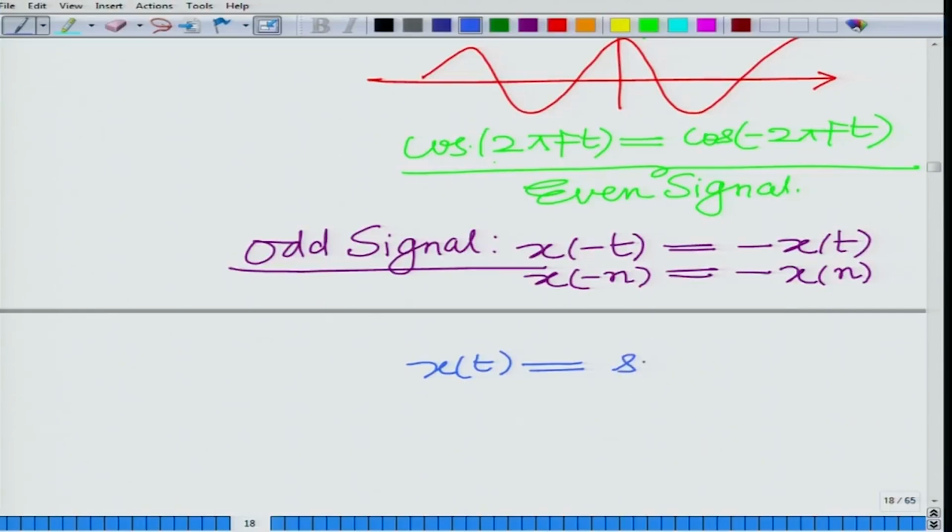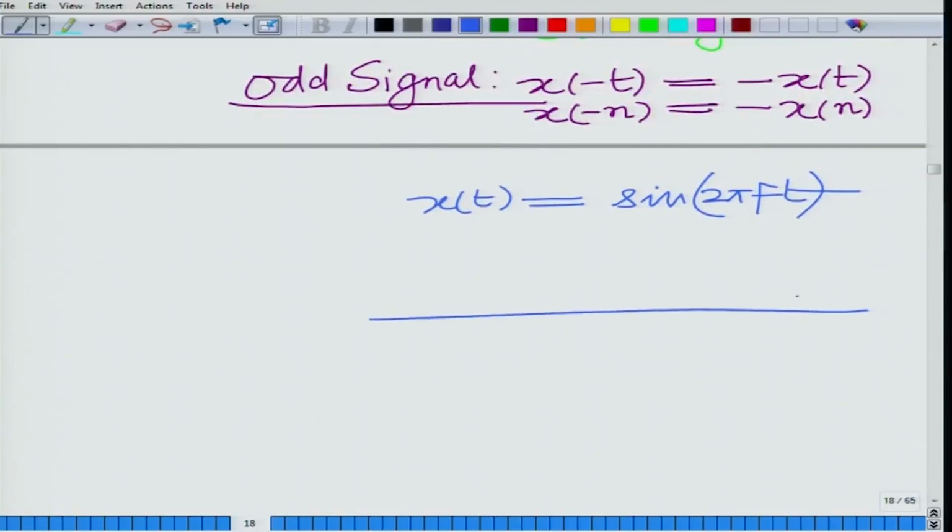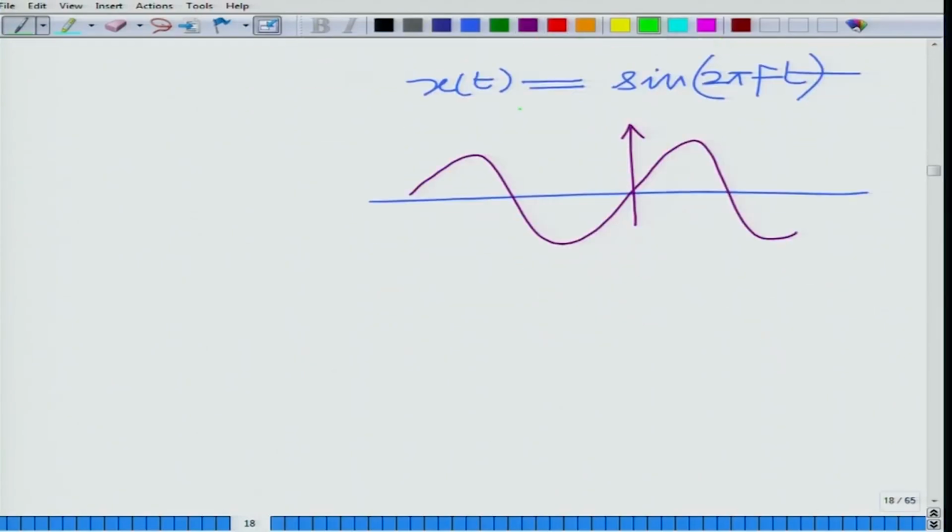sine of 2 pi f t. For instance, you can see here, this is the sine signal, correct, sine of 2 pi f t, and you can see that basically this is an odd signal. For instance, you can clearly see here and here.